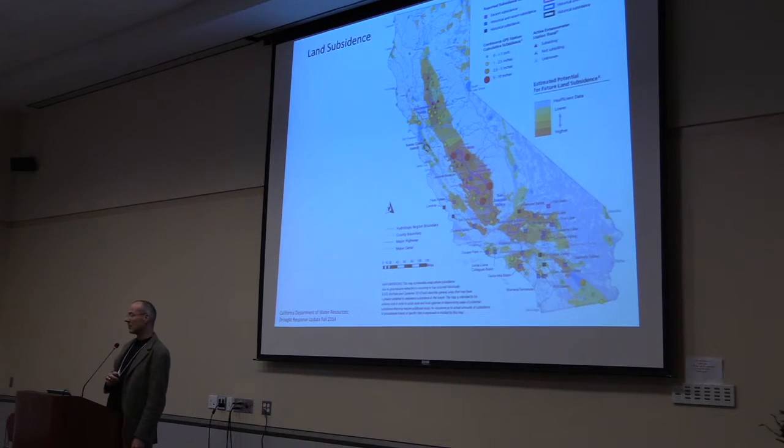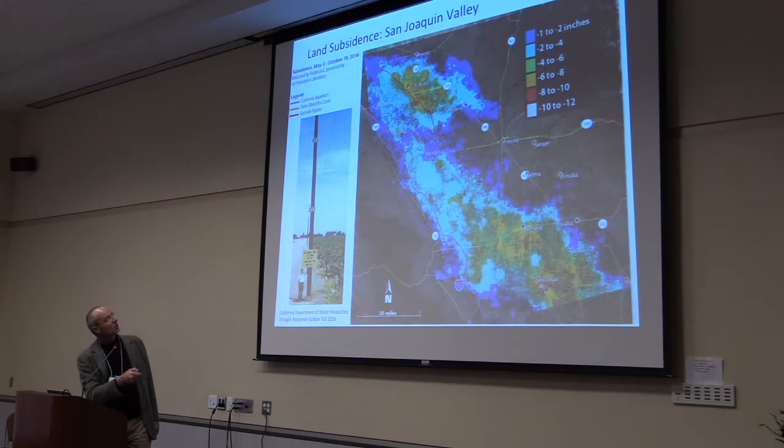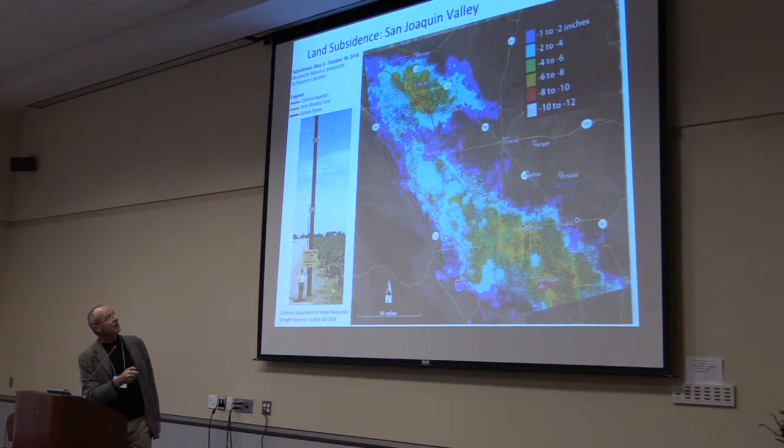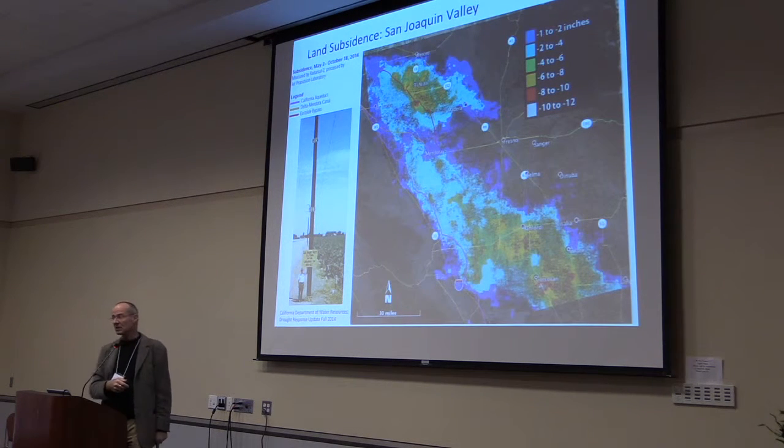Land subsidence. This is the impact of land subsidence across the state, published this year by the Department of Water Resources. And in some of the regions here, this last year alone, we have seen between 6 and 12 inches of land subsidence across large swaths of land, impacting the ability mostly of canals to deliver water, including the State Water Project.